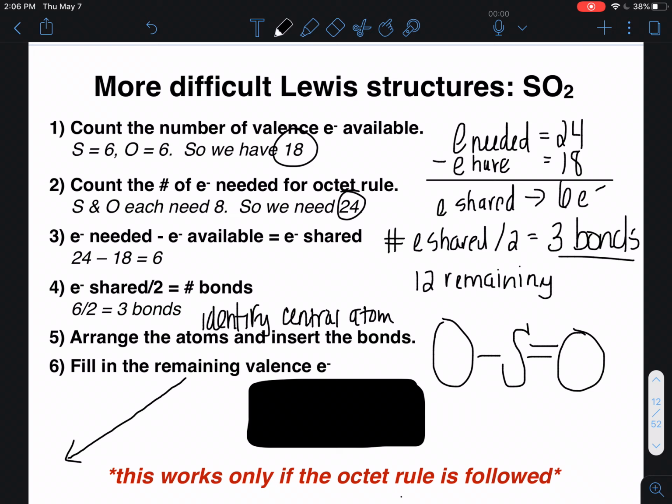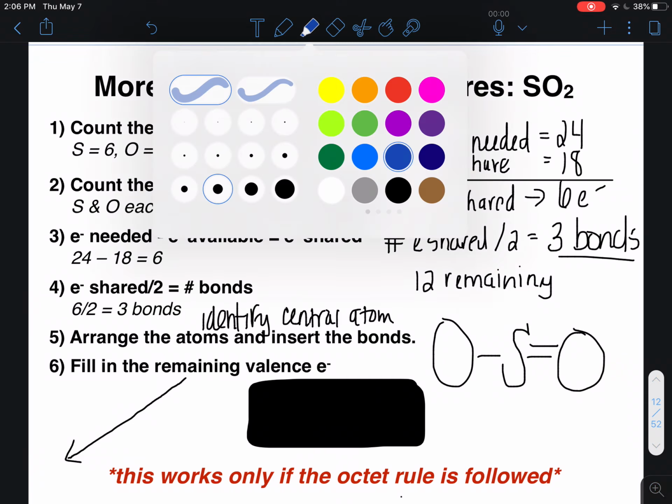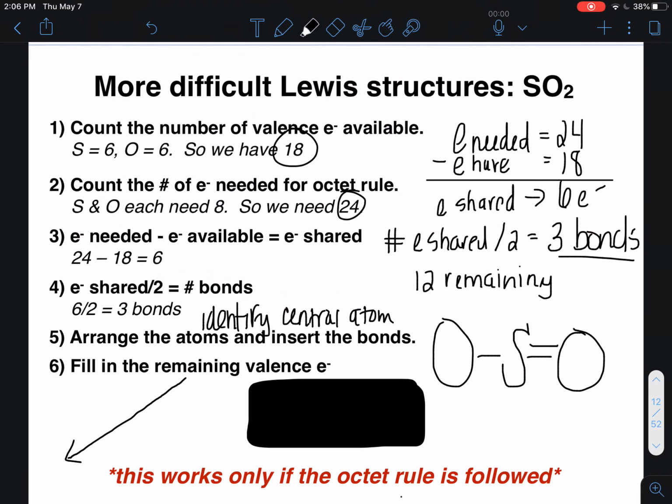Now we have to place the 12 remaining electrons around each atom to make sure the octet rule is followed. The first thing I like to do is place electrons around the outside atoms to make sure they have a full valence.